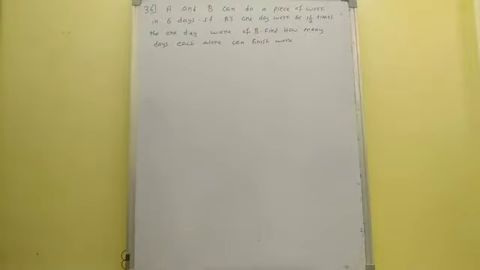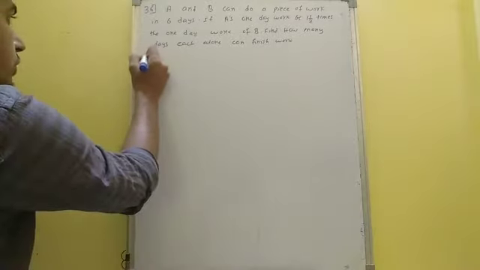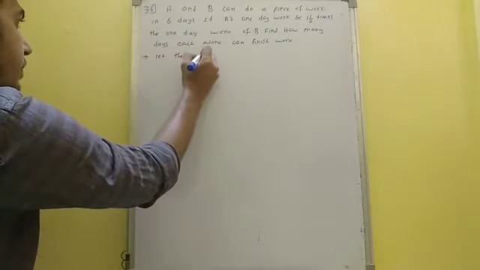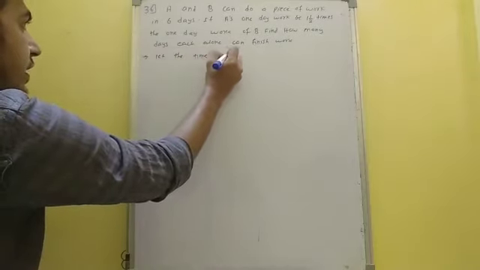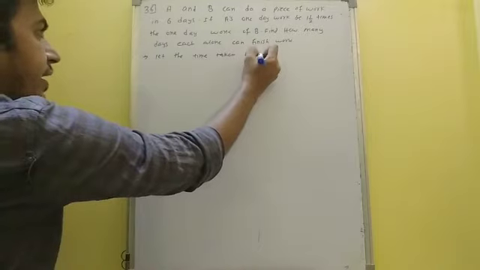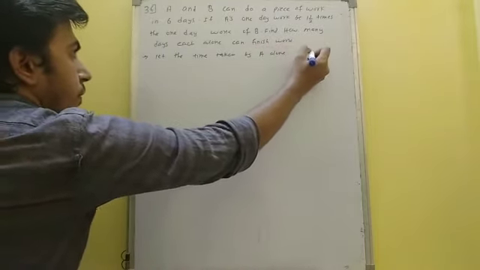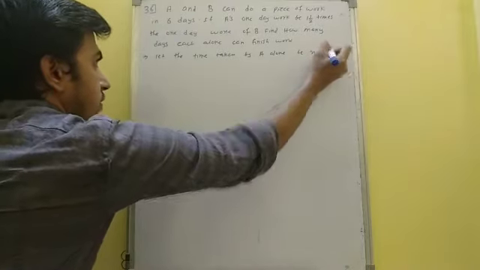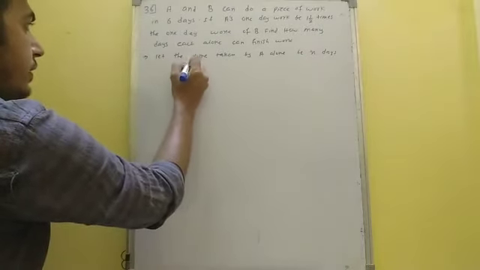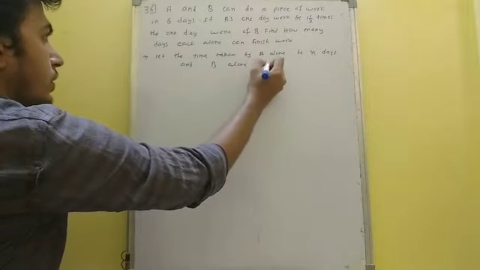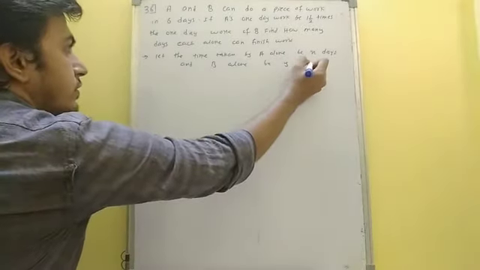Okay, in the next sum we have: A and B can do a piece of work in 6 days. So we'll take 1 day's work. Let the time taken by A alone be X days and by B alone be Y days.